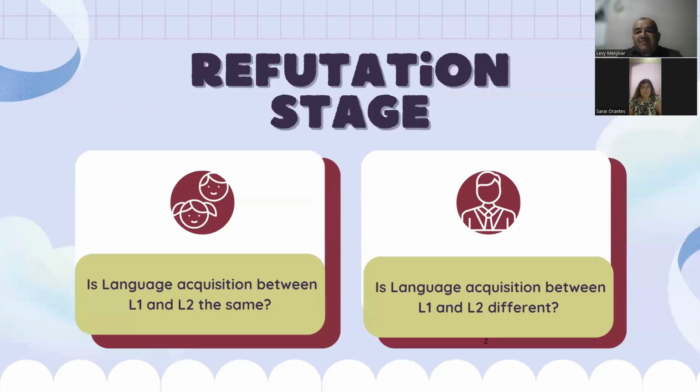Okay, so now we have the refutation stage, and is language acquisition between L1 and L2 the same? What do you think? I do consider that it is not the same because there are a lot of factors that can change.